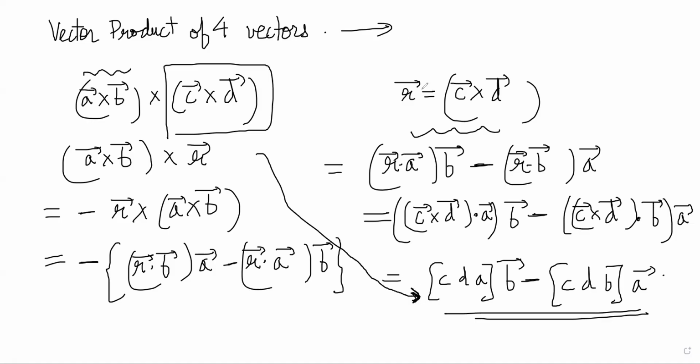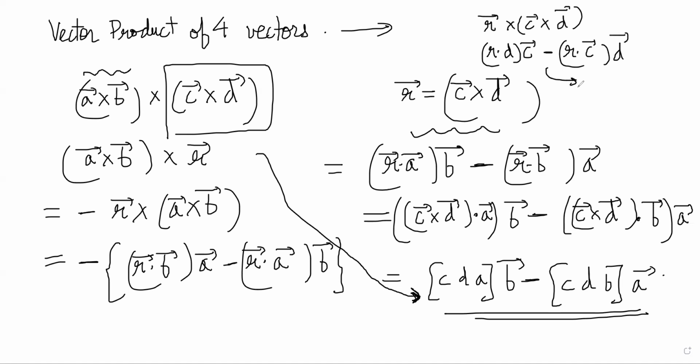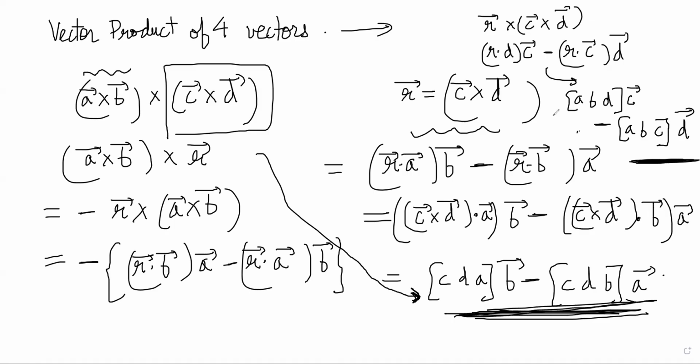If you do the opposite thing, you take A cross B as your R vector, you will get R vector cross C cross D. So you will end up with R dot D C minus R dot C D. And that can be written, now that R vector is A cross B, as ABD box product C minus ABC box product D, right? So notice that actually this quantity and this quantity are the same thing. And you have two different looking versions of the same vector product of four vectors.